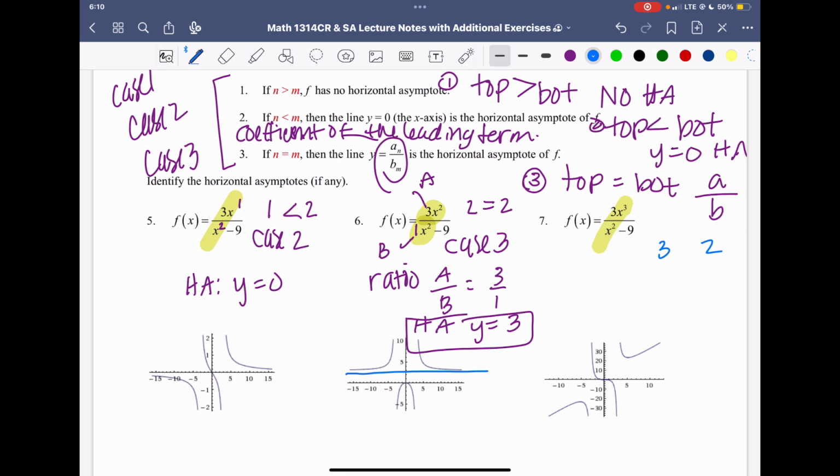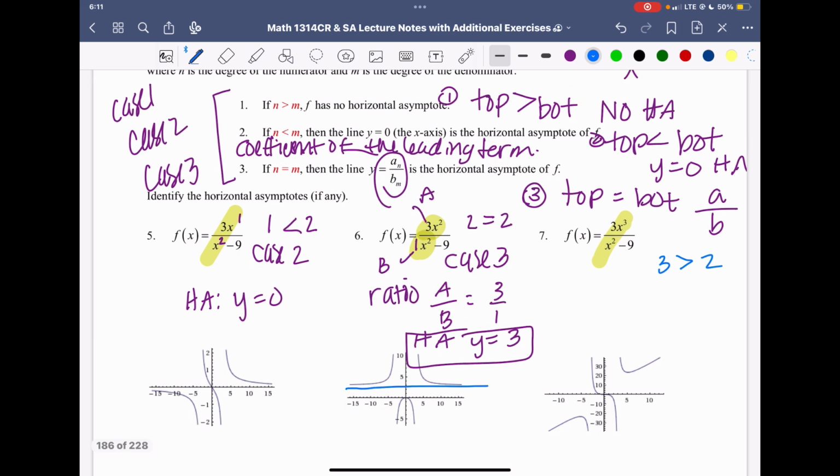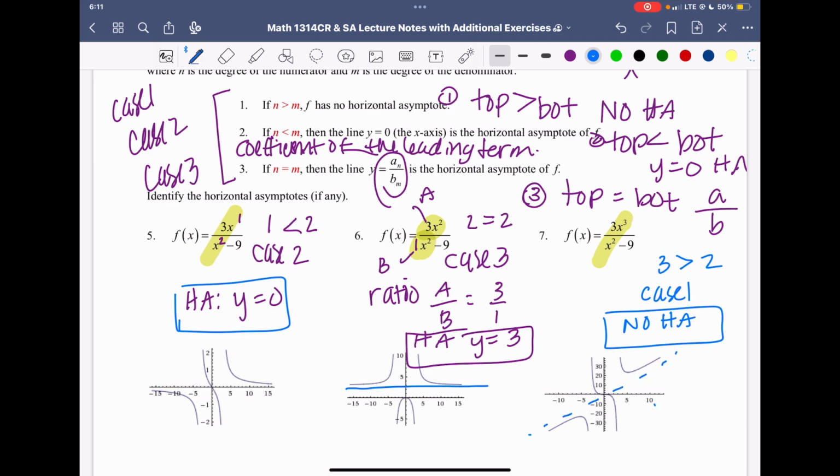The top is greater than the bottom. This is going to be a case 1. That means that there's no HA. Okay, so there's none. So you're not saying that y equals anything. There just isn't. We call this an oblique.